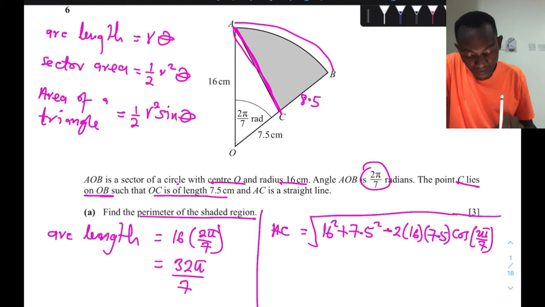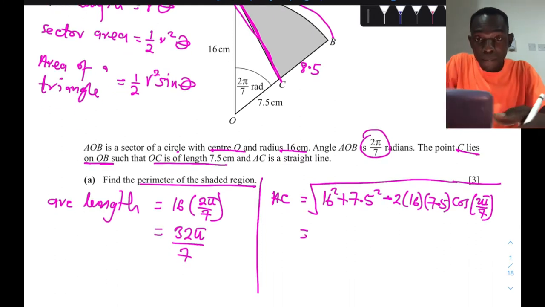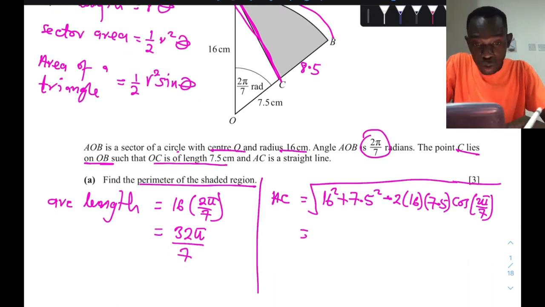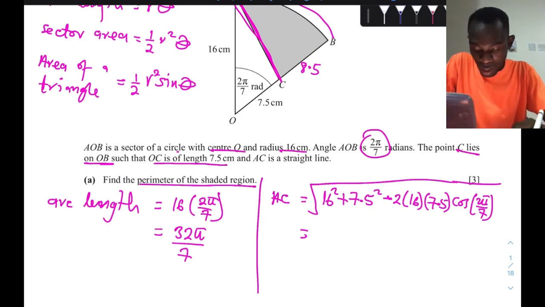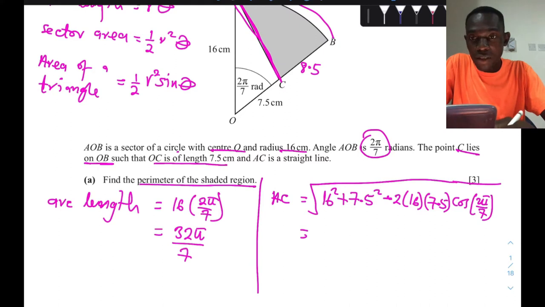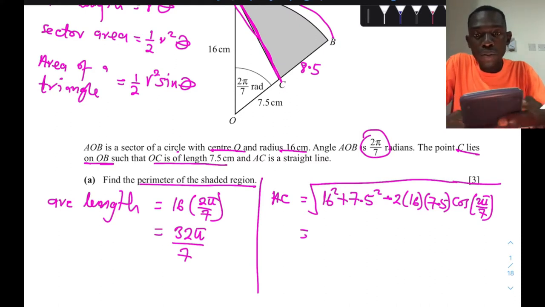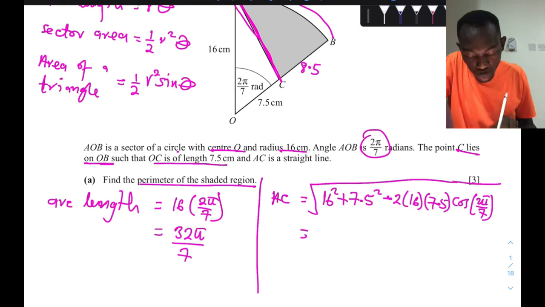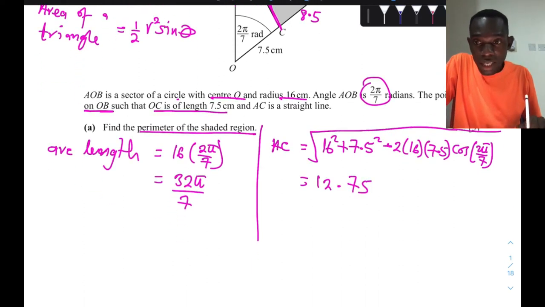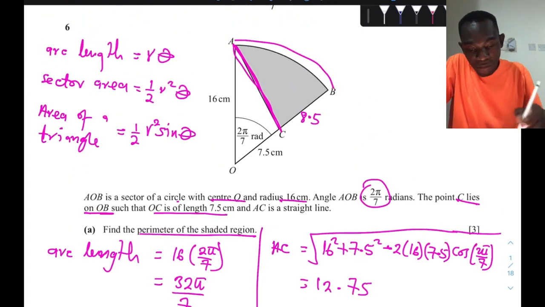And then we put this on the calculator: the square root of 16 squared plus 7.5 squared minus 2 into bracket 16, and then 7.5 cos 2 pi on 7. According to my calculator, I should get 12.75.